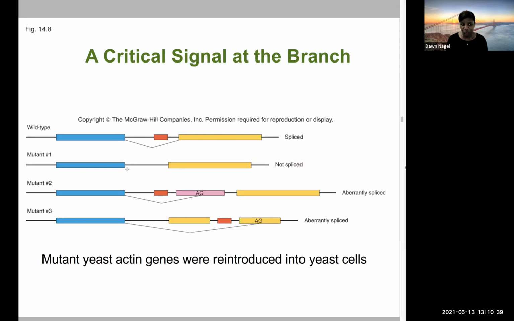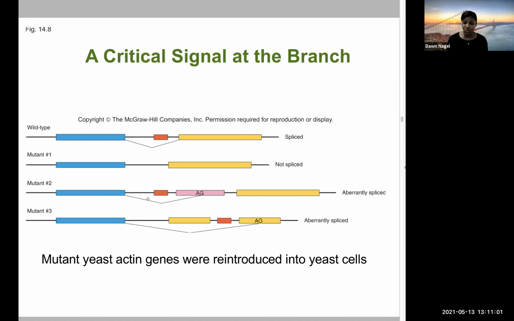If you were to look at mutants where there's no splice site or no A, that branch point present within this region, you really can't have any proper splicing occurring, okay? Because you don't have that signal, and this signal is really important for splicing to occur.